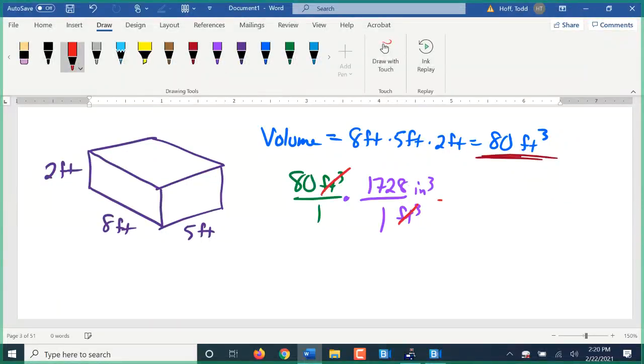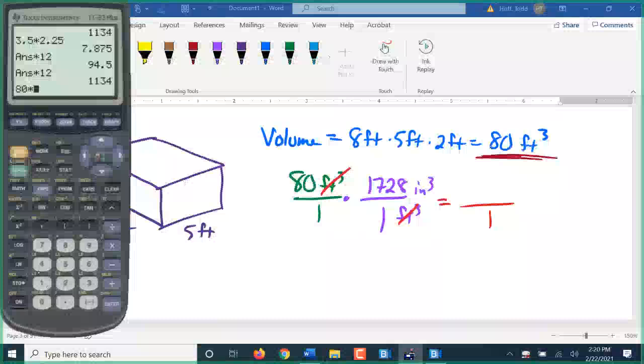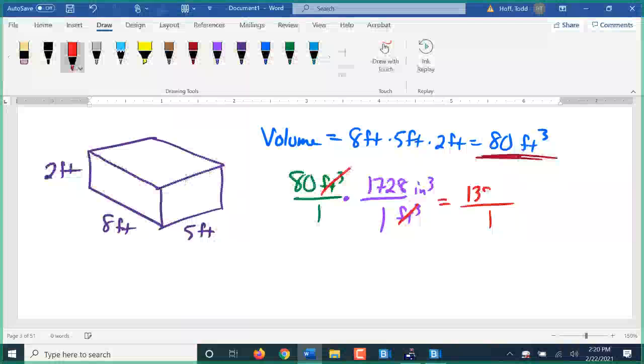The cubic foot cancels out. On bottom, it's just 1 times 1 is 1, so we don't need that for anything. We'll have 80 times 1,728, giving us 138,240 cubic inches. That's a 138,240 cubic inch tank, or 80 cubic feet.